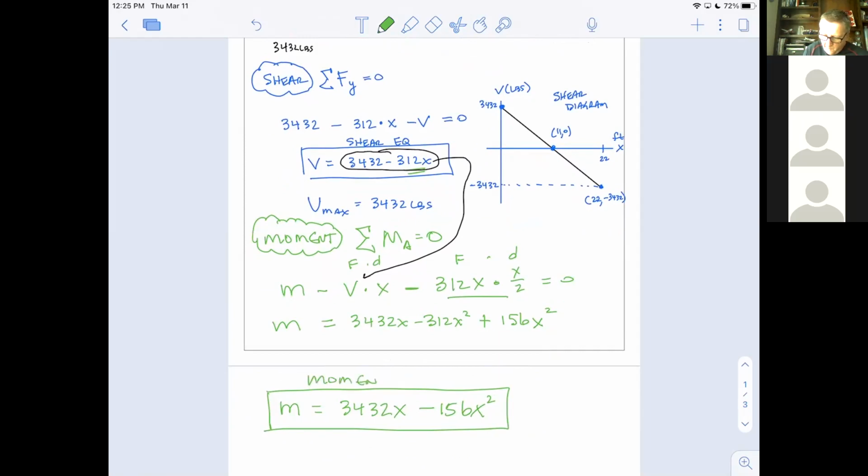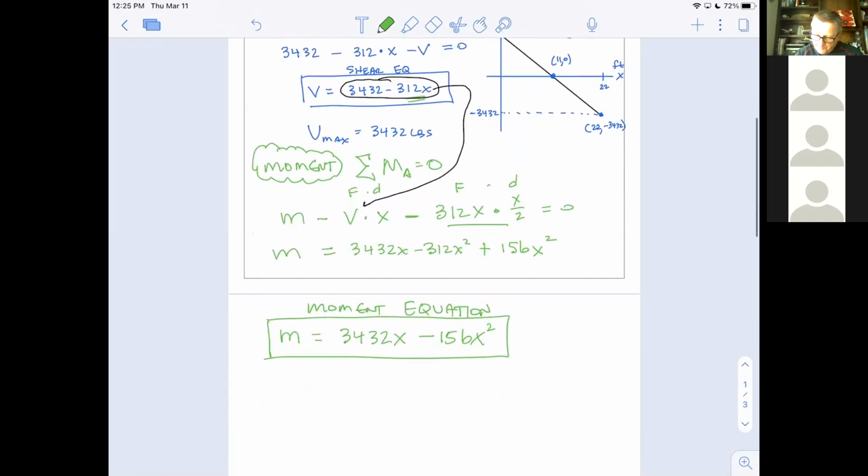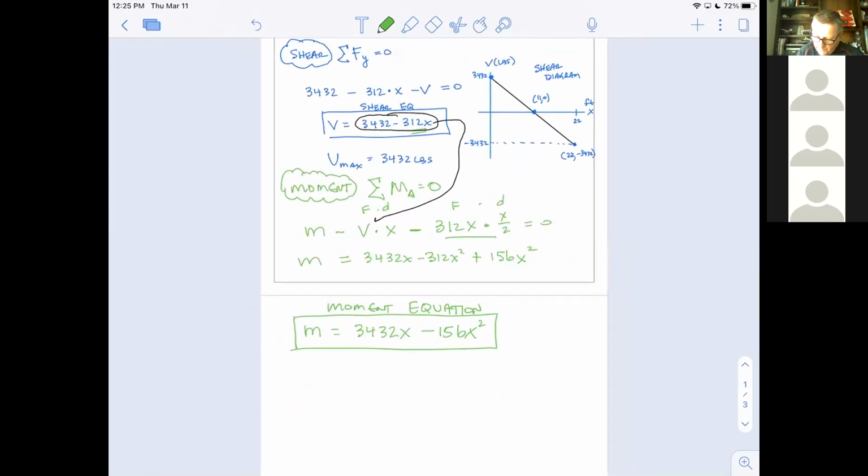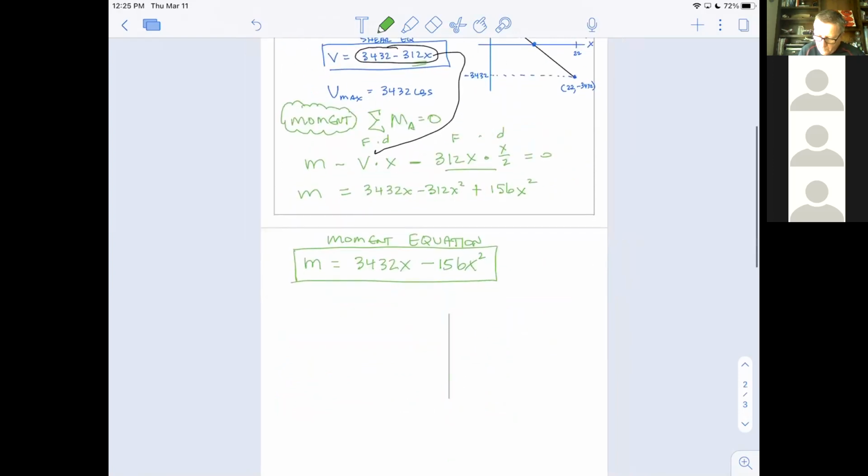Moment. Again, meaning I now have every moment. What I'm interested in is the moment max, but let's make a graph of it. Again, I'll have 22 over there.